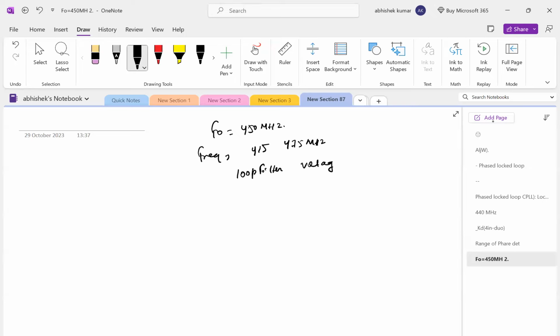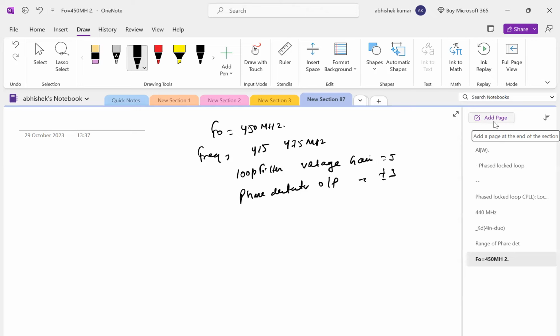Voltage gain equal to 5, phase detector output voltage equal to 3 volt. What is the lock range here?